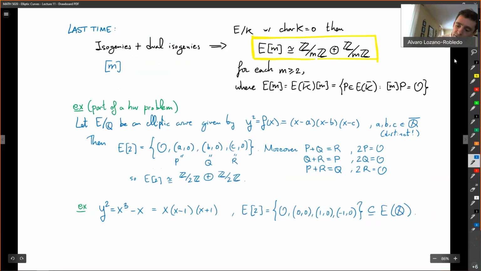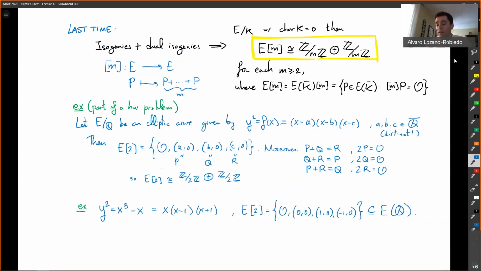So m from E to E that sends P to the sum of m copies of P, that is an isogeny, and we use the theory of isogenies and dual isogenies to actually prove that the m torsion subgroup of E, those points that are of order dividing m, so m times P is 0, but if the order is dividing m, then those are also in the m torsion, is isomorphic to two copies of Z mod m, in characteristic 0.